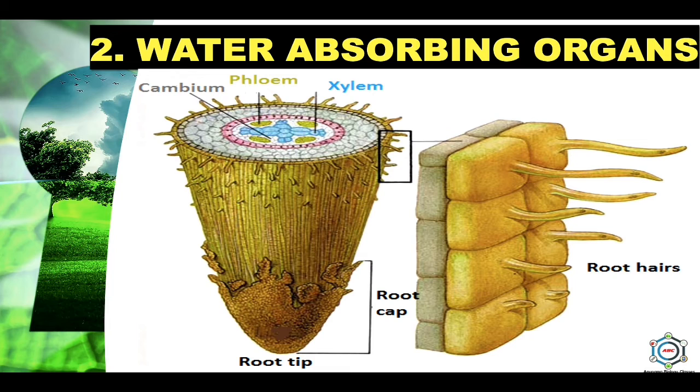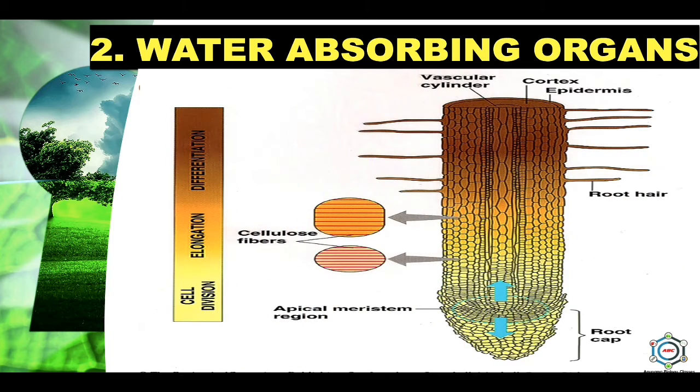In this picture you can see the structure of a single root hair, and there are many root hairs also, then the position of the root tip, then the root cap, and after that the cambium, phloem and xylem position. Now see here the root hairs.